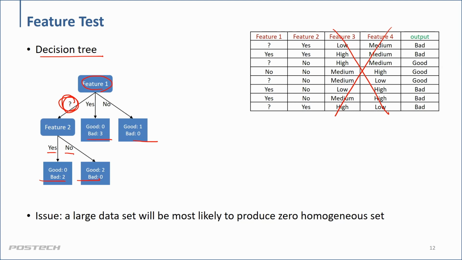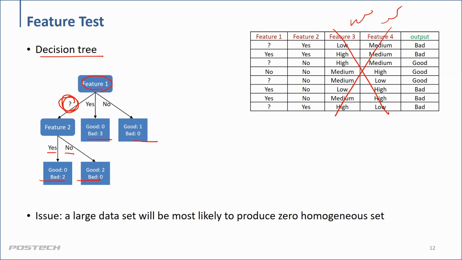So let me ask, which feature is the most important? Feature 1 or feature 2? We know that these have nothing to do with predicting the output, so we can neglect or remove them. They're not important at all.